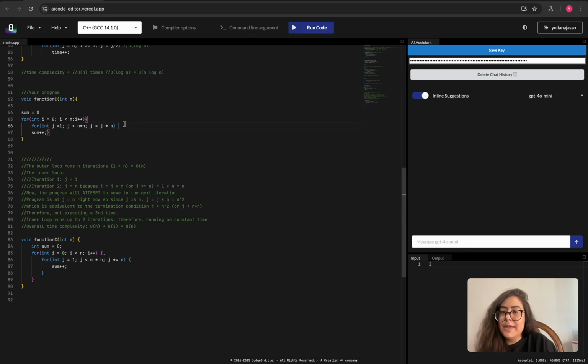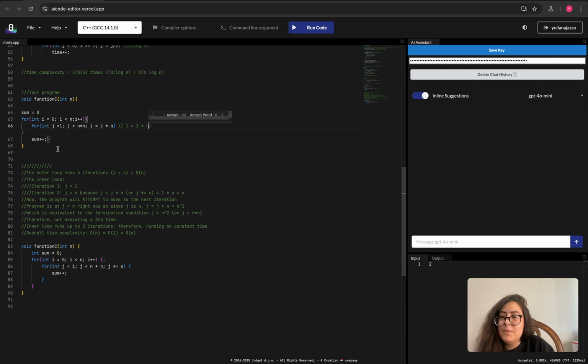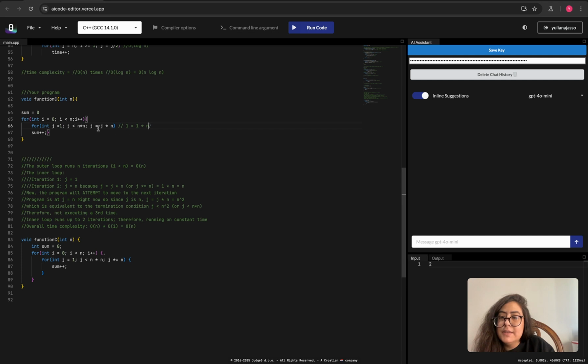Okay, we're in the first one, right? And then let's go back to the first one. Let me explain. Our first iteration is this times n. We're at j equals 1, and j is 1, so 1 times n.